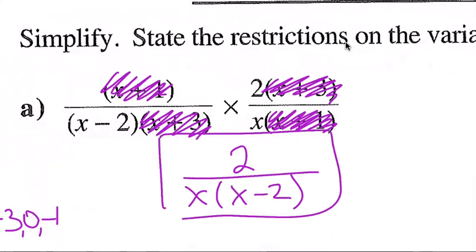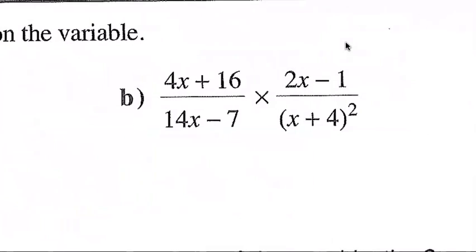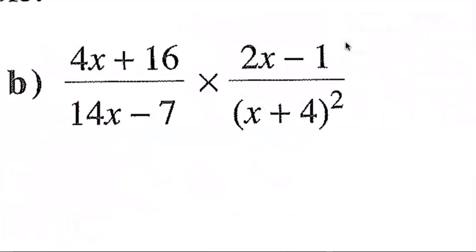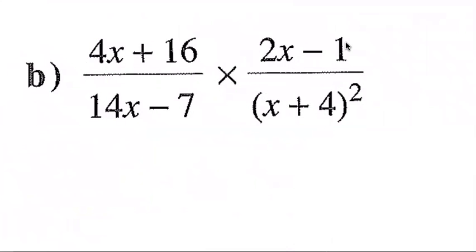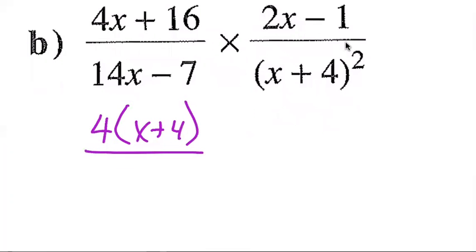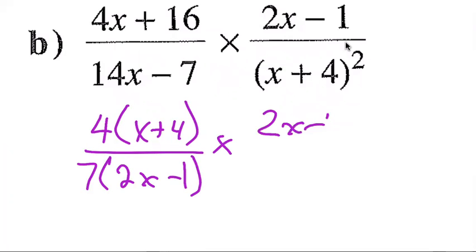Question B. Here you can see we have some simple factoring that we have to do to begin with. 4x plus 16 is going to factor to 4 and x plus 4. 14x minus 7 is going to factor to 7, 2x minus 1 times 2x minus 1. And I'm going to throw that in a bracket because I want to treat that as a factor.